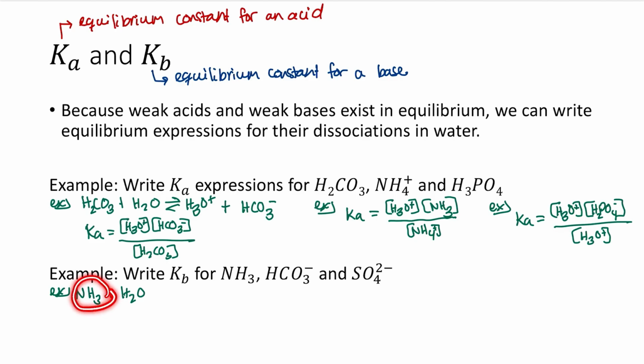So when it is in a basic environment, water is going to be acting as an acid. When water is in an acidic environment, then it will be acting as a base. Water is acting as an acid in this case, and it reacts with ammonia. So it's going to donate its proton over to ammonia.